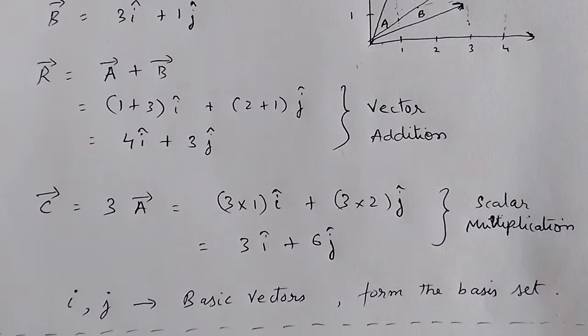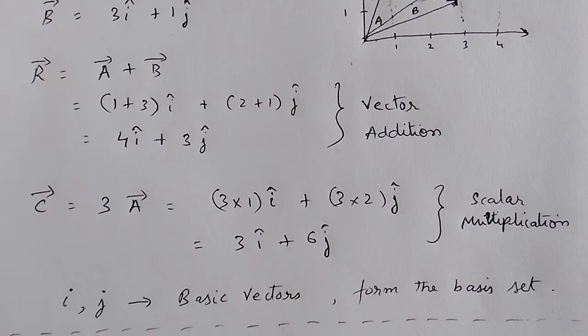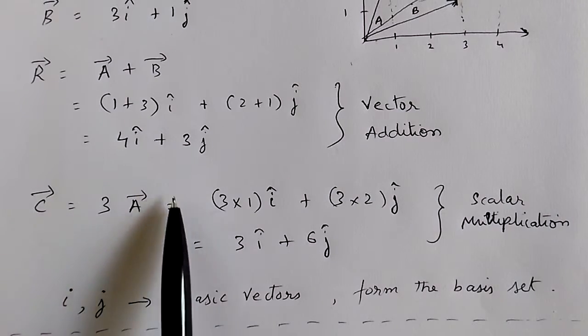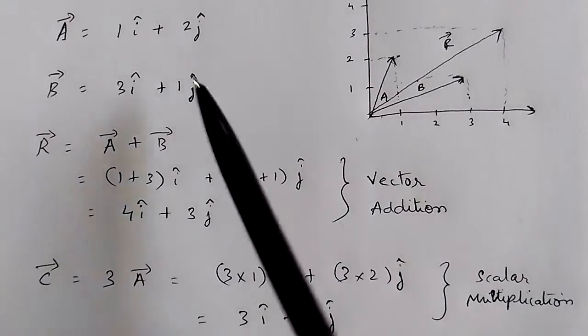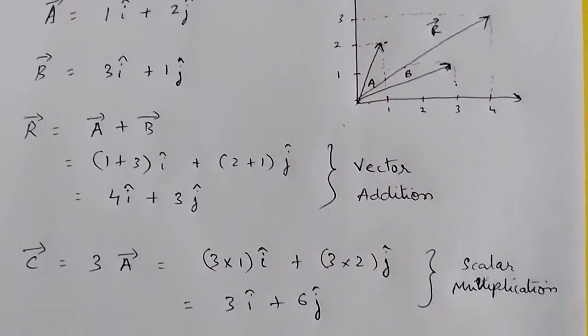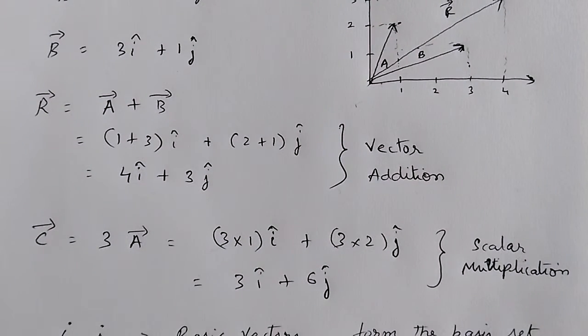Another property, known as scalar multiplication, is when you take a scalar, which could be any number, and multiply the vector a with it. Let's say you multiply this vector with the number 3. You have to multiply each component with the number 3, and you get 3 times the x component and 3 times the y component. This is known as scalar multiplication.